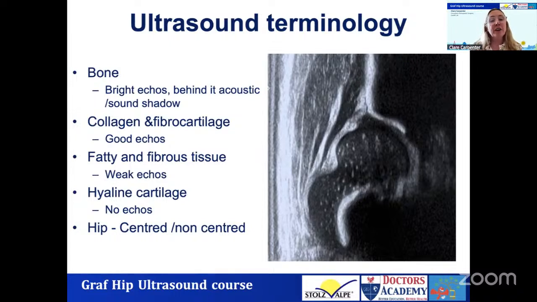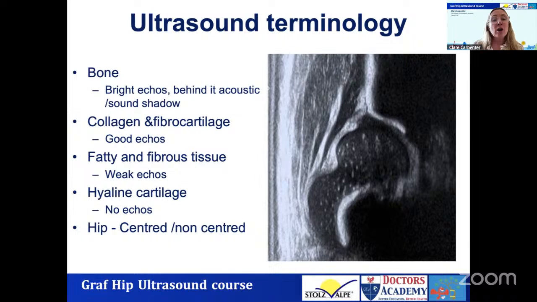Collagen and fibrocartilage are tightly packed fibrous tissue. There's not much water content, and so they appear to have really good echoes, and so they will appear bright. Fatty and fibrous tissue, which are not so tightly packed, have increased water content and have weaker echoes.